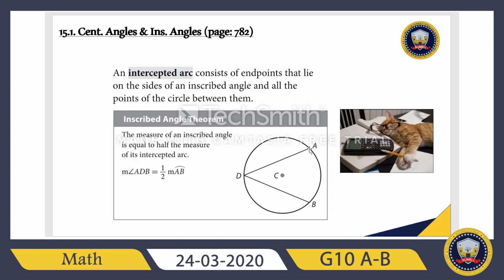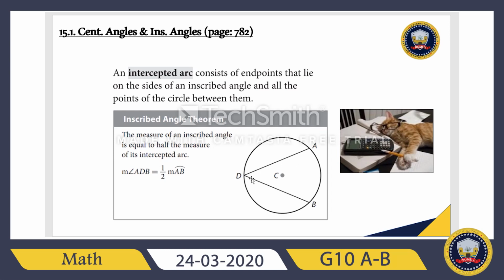Now, if I have an intercepted arc and the inscribed angle is ADB, then the inscribed angle theorem says that the measure of my angle ADB will be equal to half of the measure of my intercepted arc.